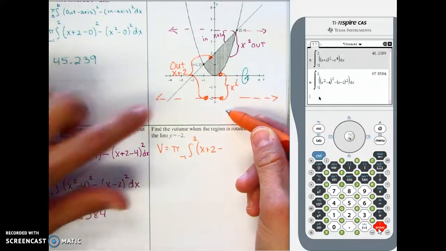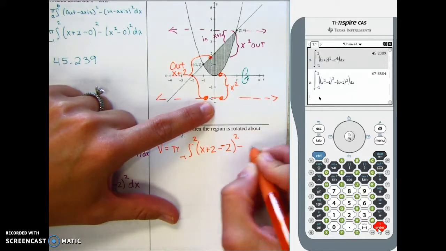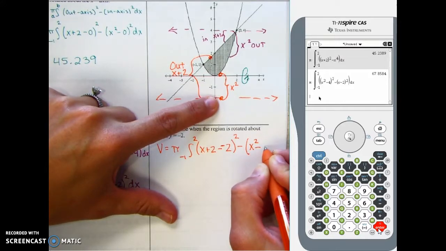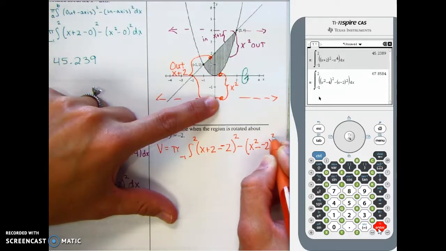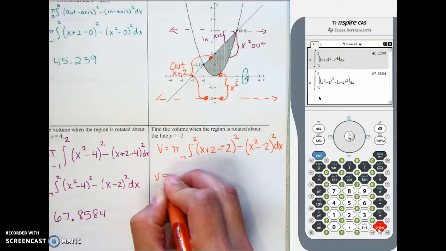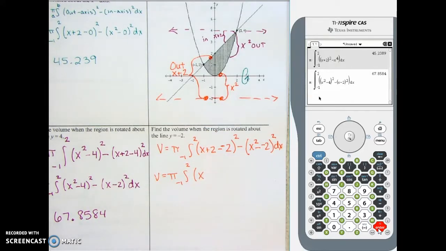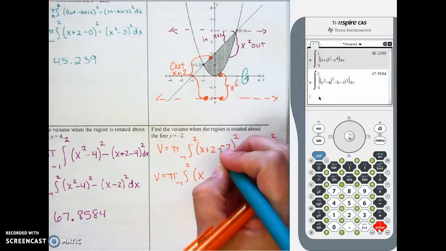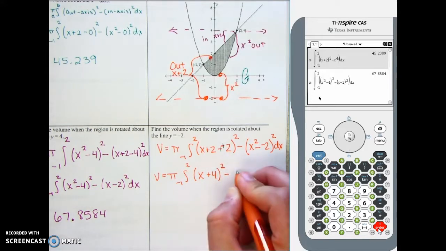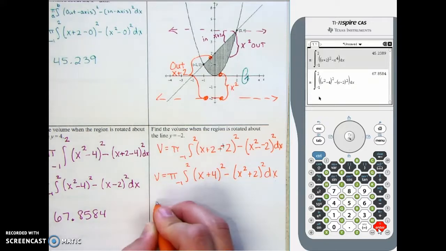What's our axis of rotation this time? -2, and that is all squared, minus the inner function, x squared, minus the axis of rotation. What happens with these double negatives, minus minus? They're going to turn to positives. We have 2 plus 2, which is 4, and then x squared plus 2, squared, dx.